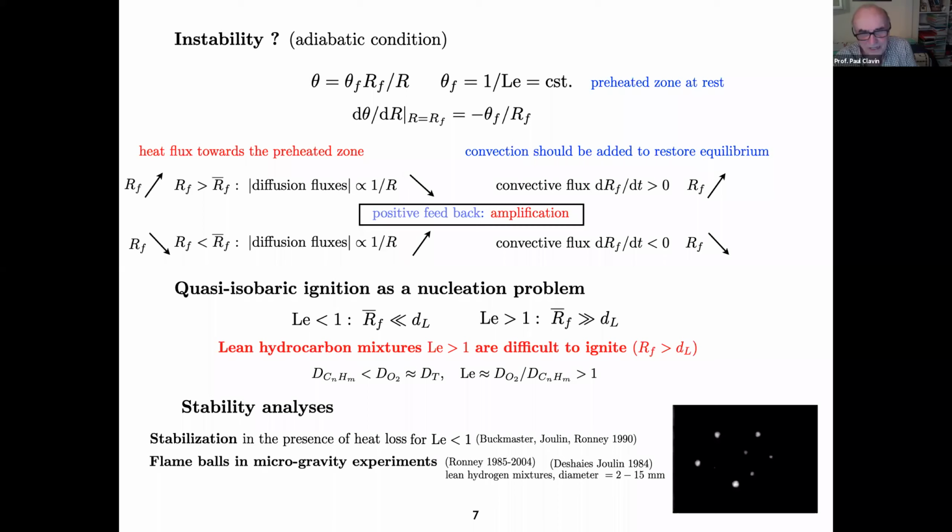And it turns out that such flame balls, such steady state spherical solutions, have been observed. It's clear that you cannot observe that on Earth. Why? Because you have gravitation, and gravitation destroys the spherical geometry.